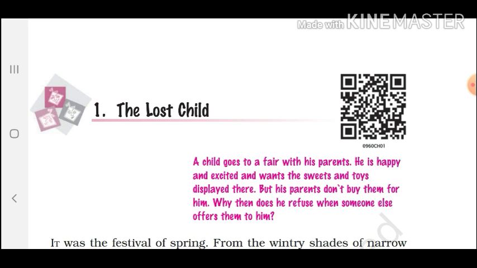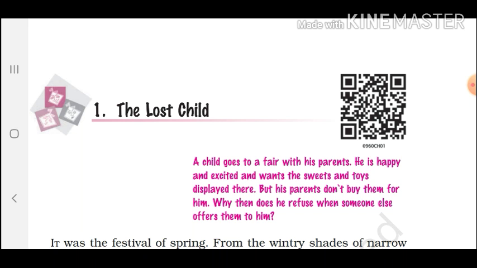The story The Lost Child. There is a child in this story who goes to a fair with his parents. He is happy and excited and wants the sweets and toys displayed there. Here, there is a child in this story, and that child goes to the fair with his parents.